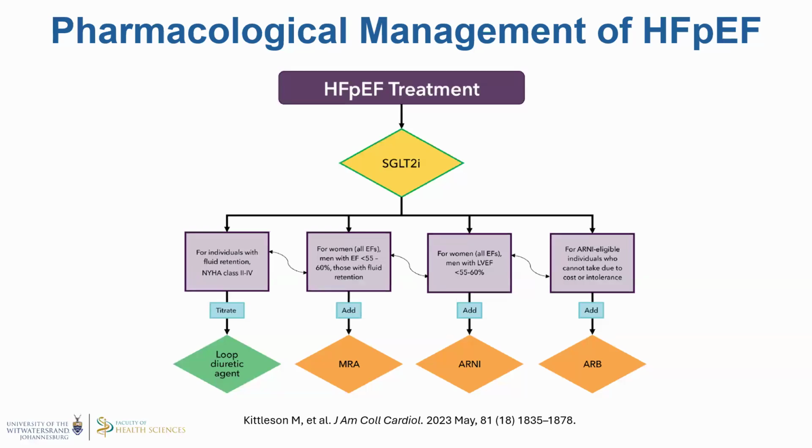So they recommend for all women with HFpEF, and for men with EF between 55 and 60, and those with fluid retention, you can add spironolactone. And then for all women and men with an EF between 55 to 60, you can also add an ARNI. And for ARNI-eligible individuals who cannot take it due to costs or intolerance, you can add an ARB, but it doesn't appear in the main guidelines.